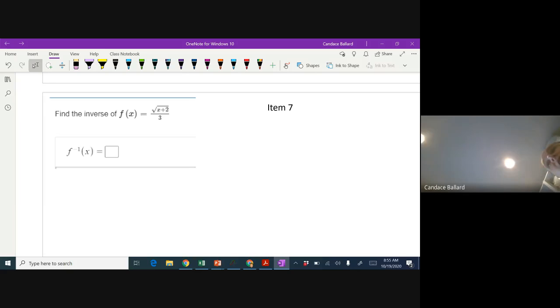All right, I've got Itzel, I've got Cole saying switch the x and the y. Awesome, good job. That's exactly what we're supposed to be doing. So the f of x is like y. I'm going to go ahead and switch the x and the y.